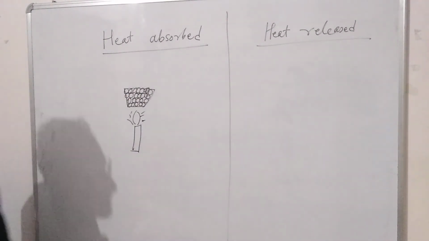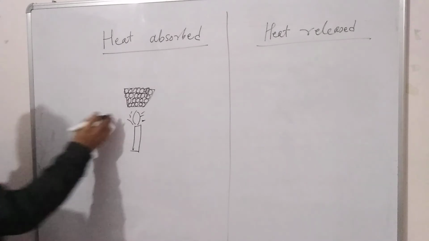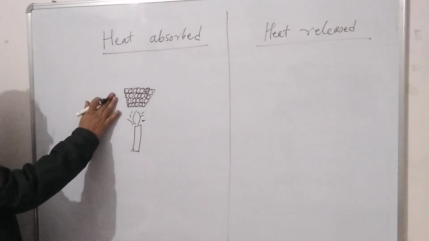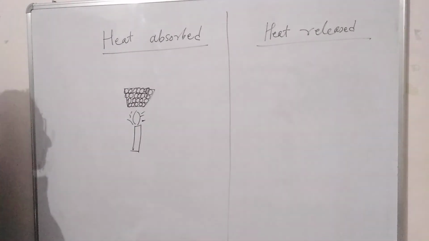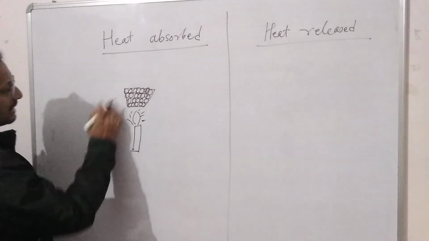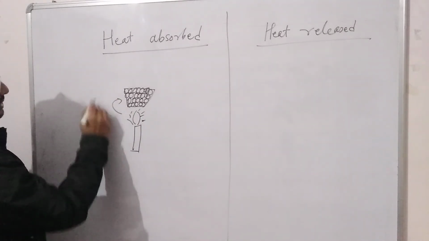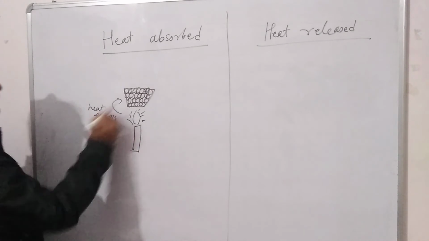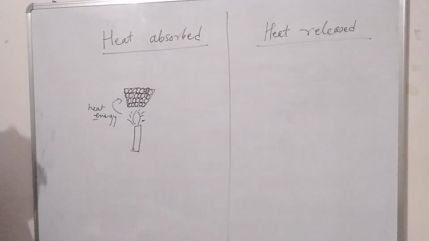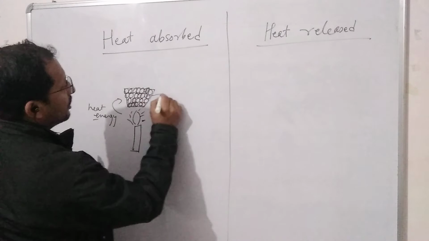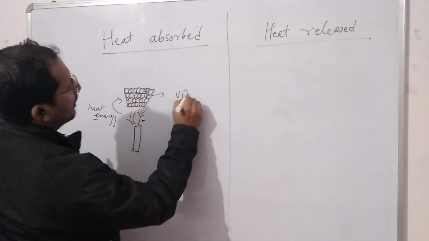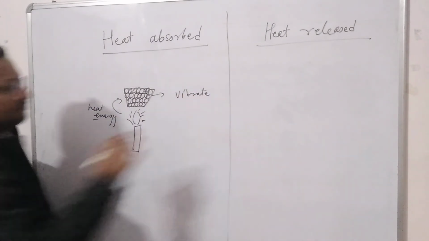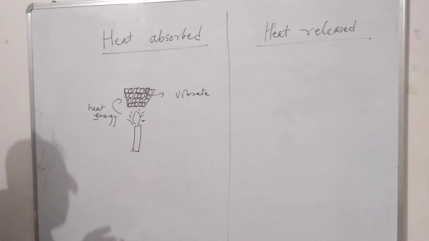Now heat is the energy. Now the way the energy is taken, to it already the kinetic energy is there. But as soon as more energy is taken, in the form of heat energy, the molecules which are tightly packed start to vibrate very fast. Okay? Because it has now a lot of energy in it.